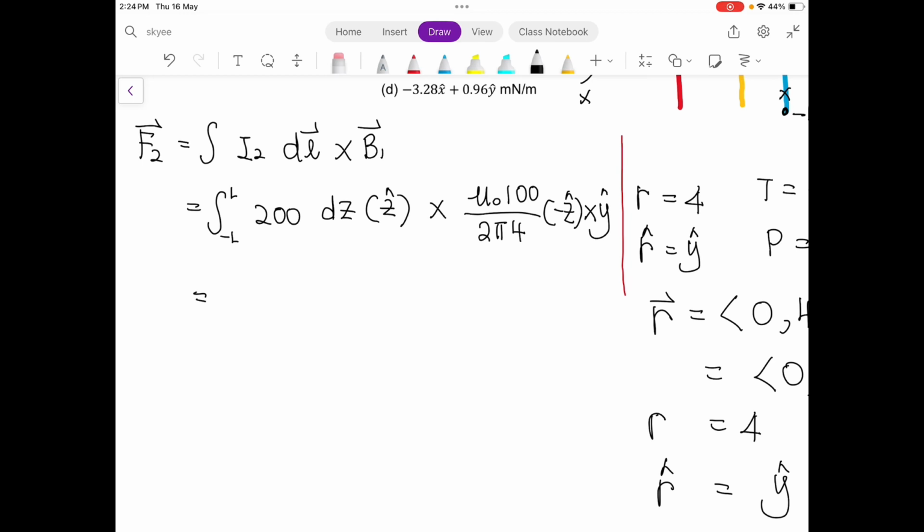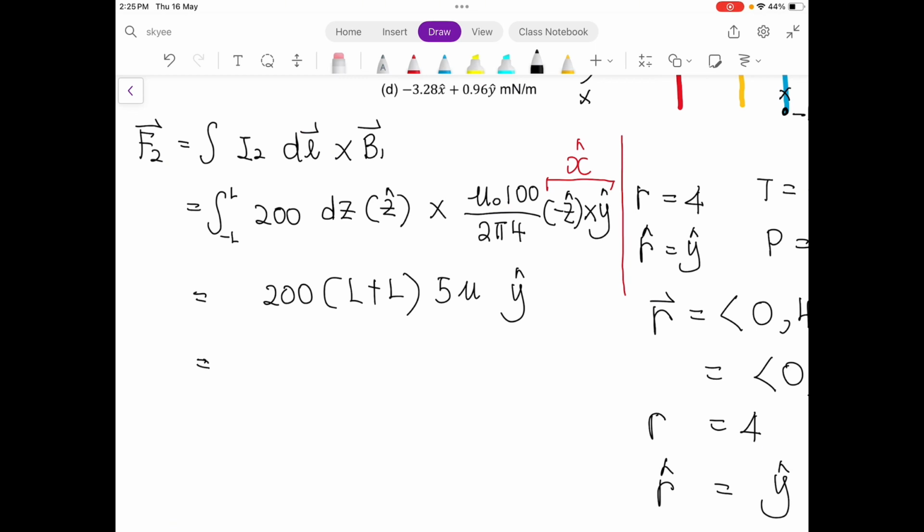So here you have 200 multiply L minus negative L, multiply with 5 micro. So zy, you get negative x. Negative, positive, this one gives you positive x. So zx you get y.